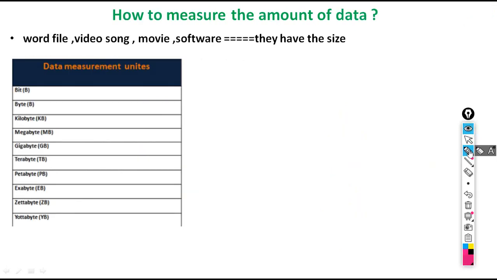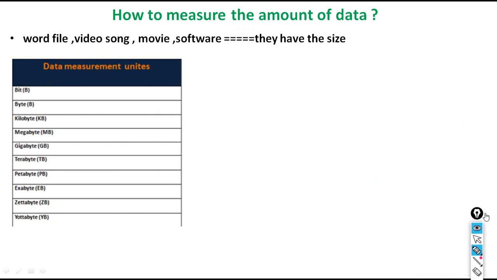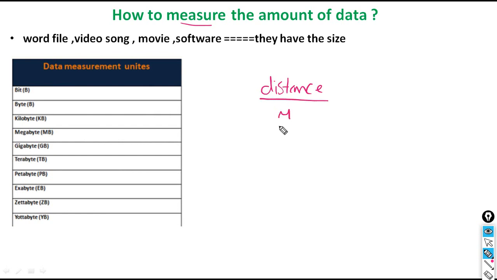The next which we are going to have is about how to measure the amount of data. So guys, remember, in the real world, suppose if you want to measure the distance, we have measurement units like meter, kilometer, inch, foot.